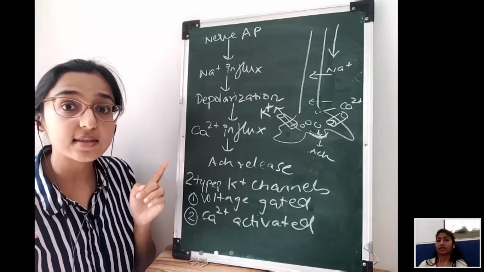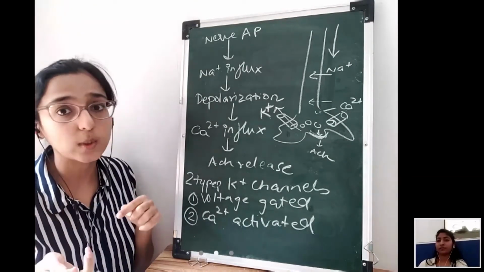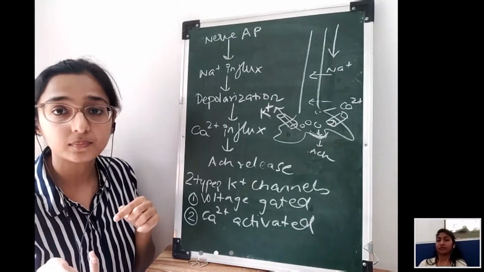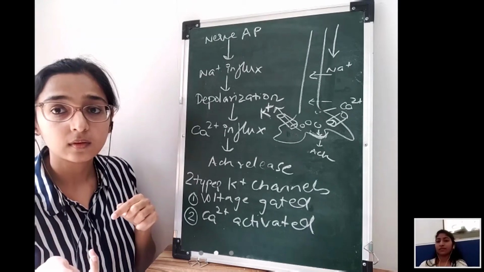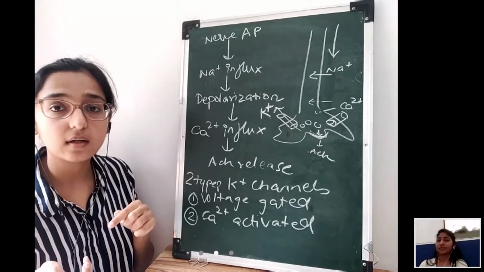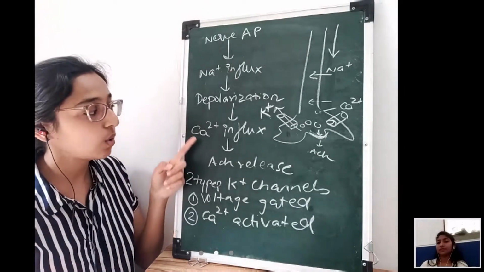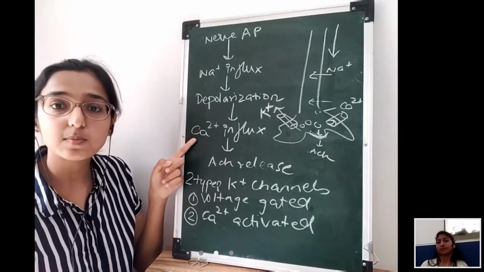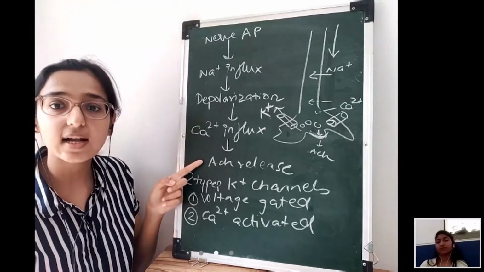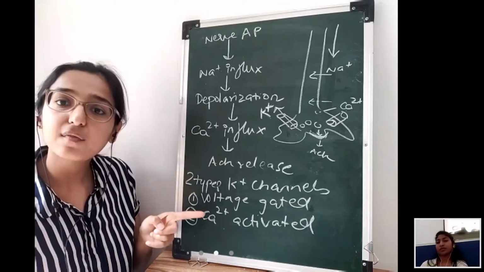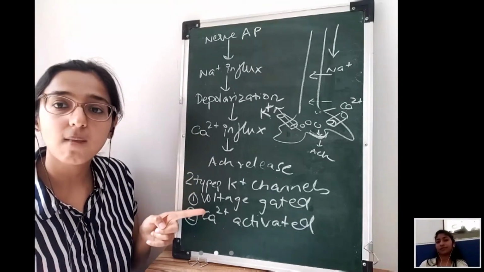So now you can understand the relation between muscle weakness and hypocalcemia. In hypocalcemia there will be muscle weakness, because less calcium is moving inside, less acetylcholine is released, and therefore the muscle contraction is less.